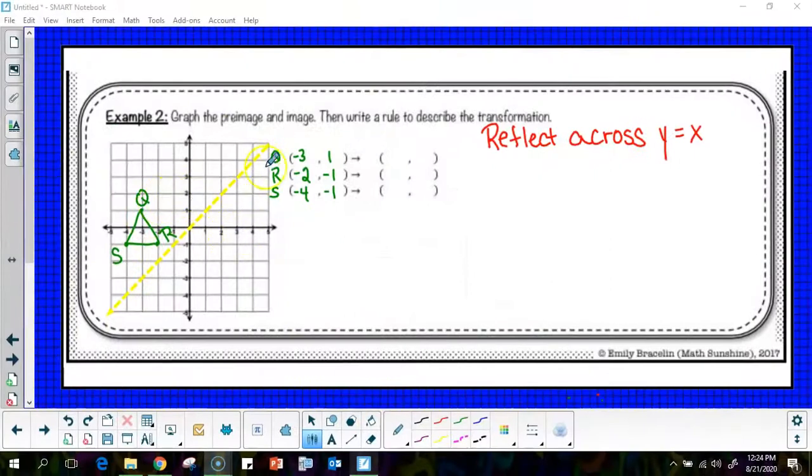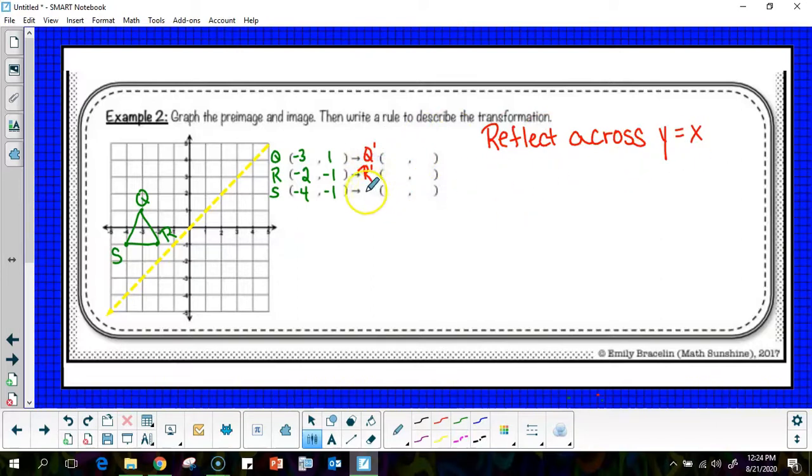So you might want to pause your video and just draw what I've drawn. I have marked the y equals x line with a yellow dotted line here. I have constructed triangle QRS, and I have put the coordinates for the ordered pairs of QRS over here. What I want you to do is reflect across the y equals x line.